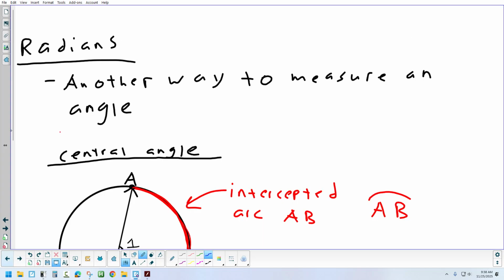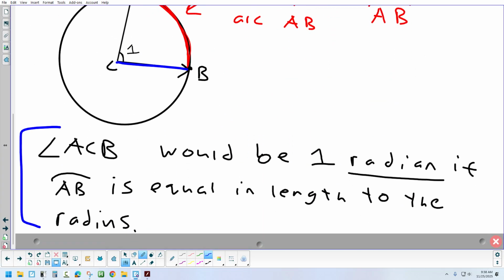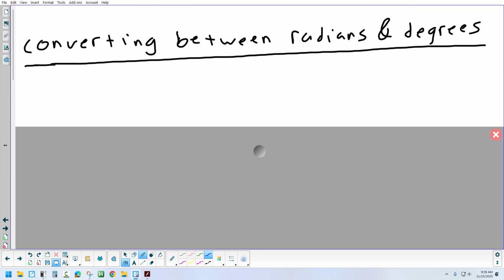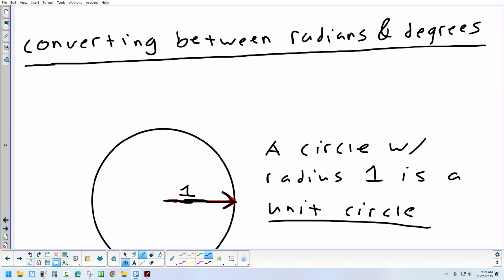So what we want to look at lastly is how you convert between radians and degrees. So there's a formula to do it. It's pretty straightforward. But we've got to kind of figure out the connection. And to figure out the connection, we're going to draw what's called a unit circle.